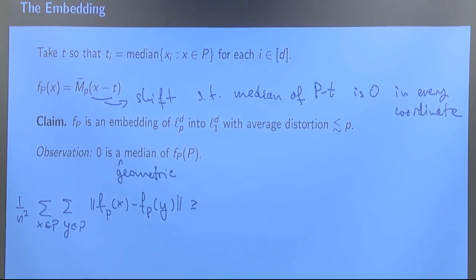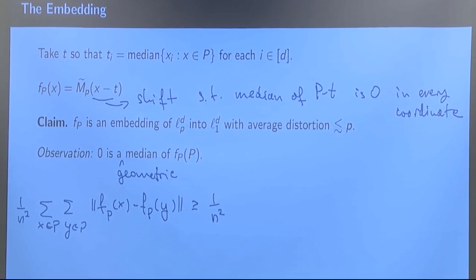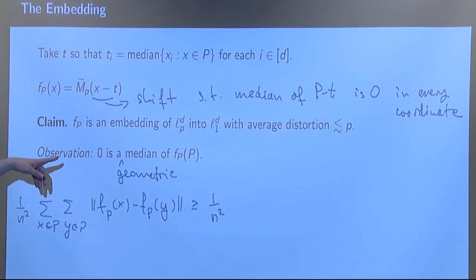Good. Now, because 0 is the geometric median of this mapped point set, I know that this is at least the average distance to 0. But the average distance to 0 is just the norm of Fp of x. Sorry, this norm is L1 here.